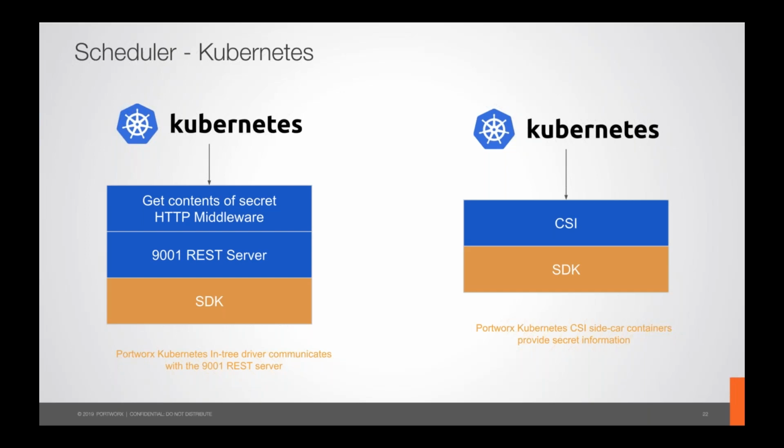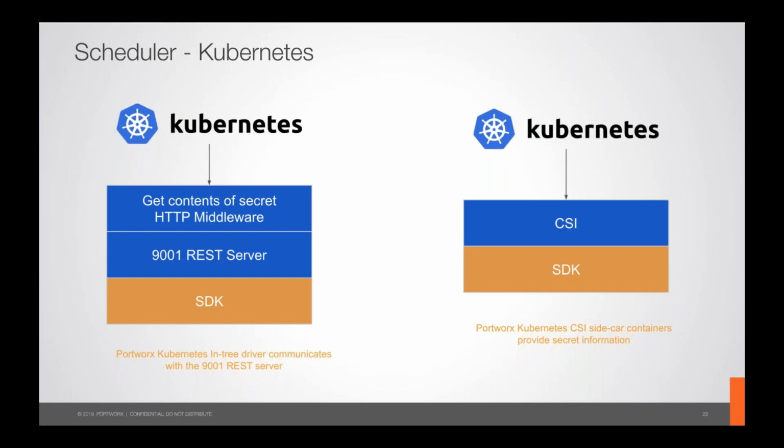One thing to note here is that when it comes to using the entry driver communication, the authentication that we rely on comes from Kubernetes. That's because CSI directly provides us the access to the secret and the token, whereas when it comes via the entry driver plugin, we rely on Kubernetes to authenticate the users and then use the tokens from our side.